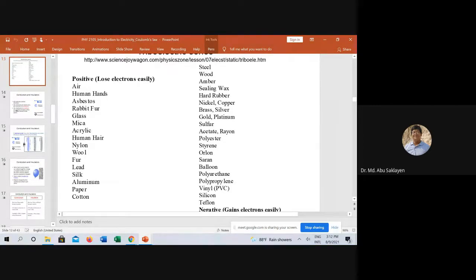Easily transfer electron from fur to the plastic rod, right? So plastic rodটা কি হবে? ফার থেকে যদি প্লাস্টিক রডে ইলেকট্রন ট্রান্সফার হয় তাহলে fur will be positive and plastic rod will be negative, right?